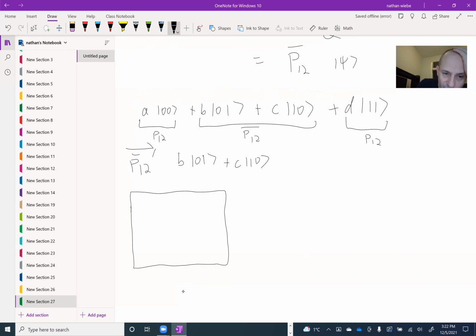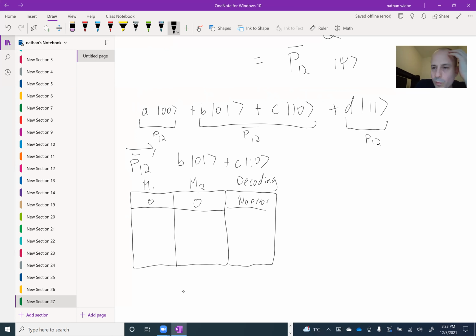So this is the first measurement and the second measurement. And then over here, let's put our decoding. So if we have our first measurement and our second measurement being 0, then we have no error, as in we projected exactly onto the code space.